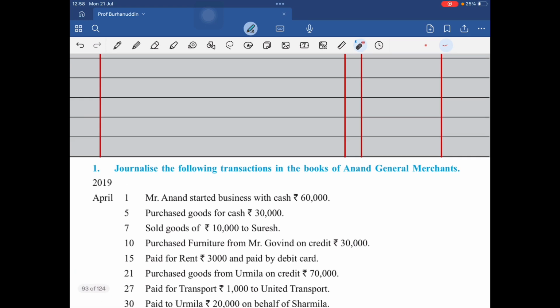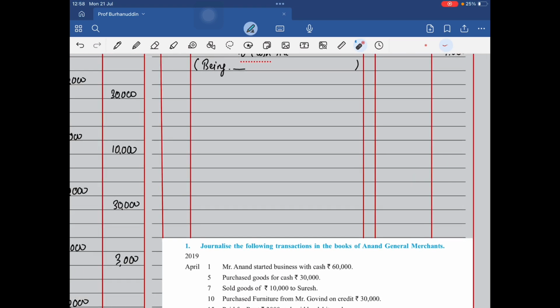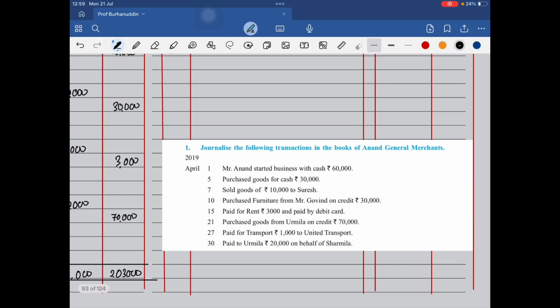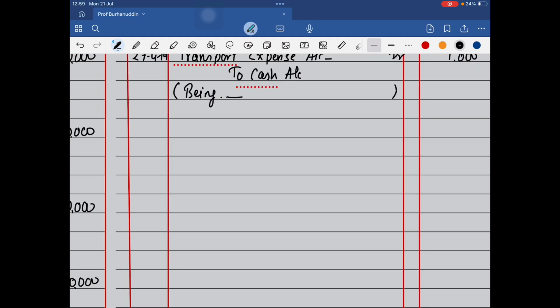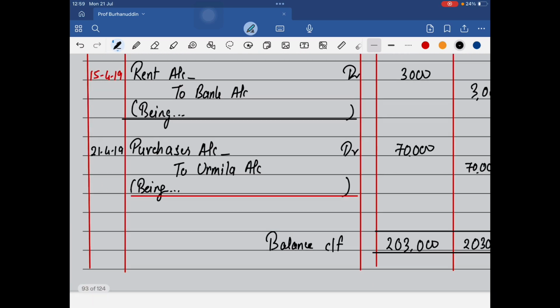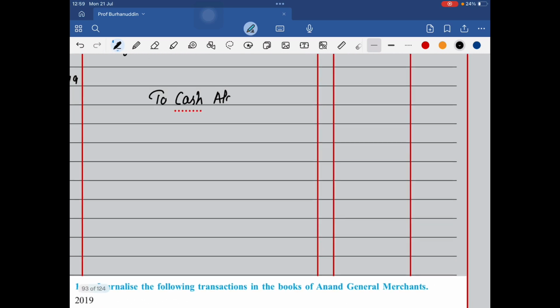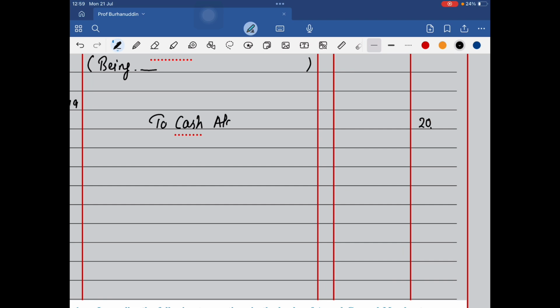So first, I want to write one thing which I am very clear about, 30th of the month, the last day. I am paying, so cash is going out. So to cash account, I am booking the cash by 20,000.